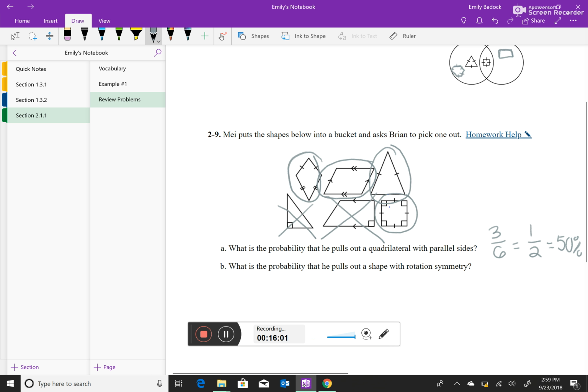If I gave you something with this question, rotation symmetry, I'd probably give a specific, what has 180 rotation symmetry, what has 90 rotation symmetry. I wouldn't just leave it blank like that. But for this one, we assume that it's anything that doesn't have 360 because every object is going to have 360. So for this one, it would be 4 over 6, which is 2/3, which is 66%.